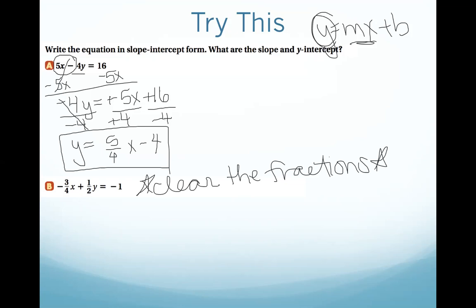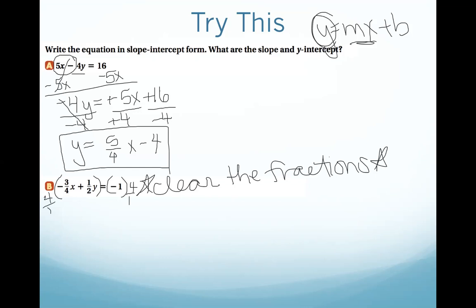So if I'm looking at these fractions, I could say, well, I have a 4 and a 2. What if I multiply everything by 2? Well, the 4 won't get canceled out, right? But if I have 4 and a 2 and I multiply everything by 4, the 4 will cancel out and the 2 will cancel out. So let's multiply both sides of this equation, I can do it because it's an equation, times 4/1.